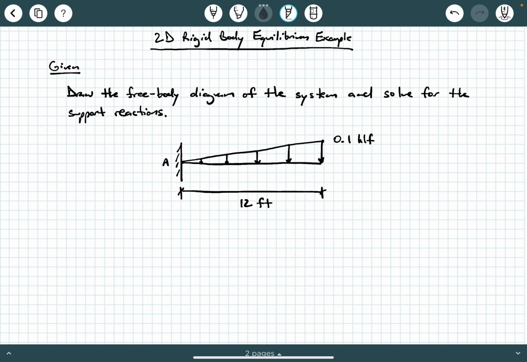In the given information, we're being asked to draw the free body diagram of the system and solve for the support reactions. So in this particular figure, we have what's called a cantilever beam. A cantilever beam is a beam that is fixed, connected at one end, and it is free at the other end.